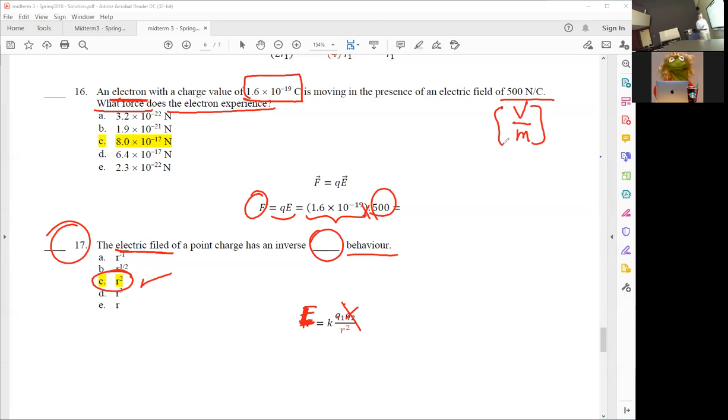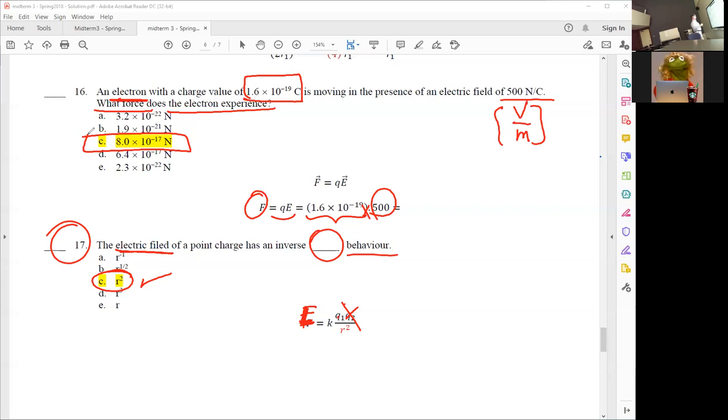No need to change anything. So all you need is to plug these numbers in your calculator, and you get the value of 8 times 10 to the negative 17 newtons. So this will be the magnitude of the force. It's not asking about the direction.